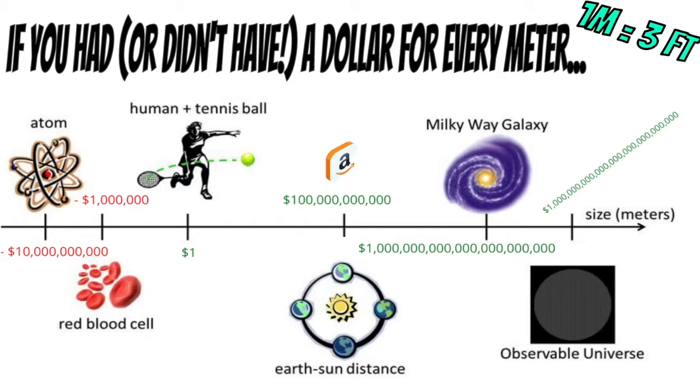Now, that seems like a whole lot of debt, but imagine if I had $1 removed from my bank account for every square meter I'd have to zoom in on my microscope to see a singular atom. And whew, it ain't looking so good.